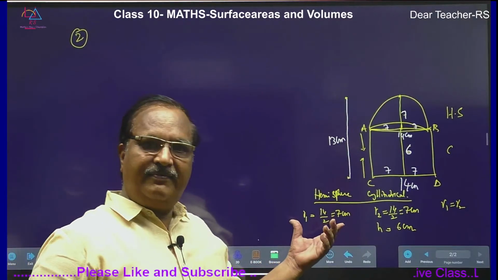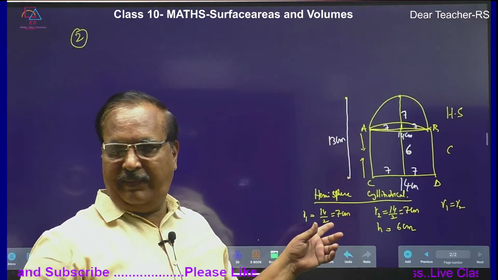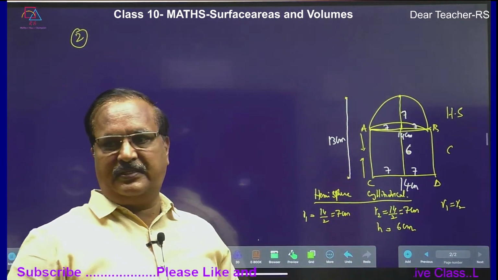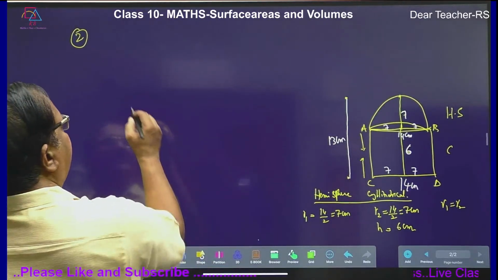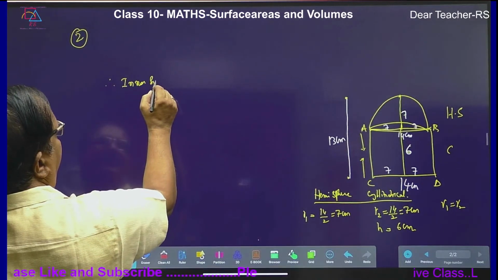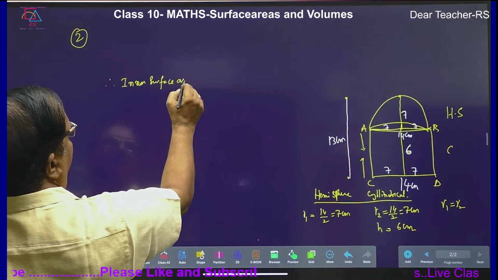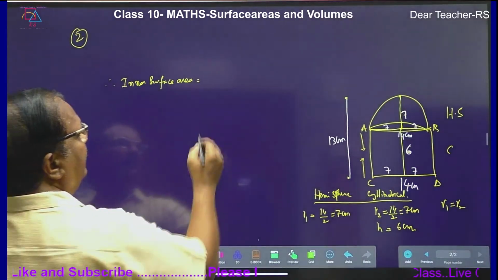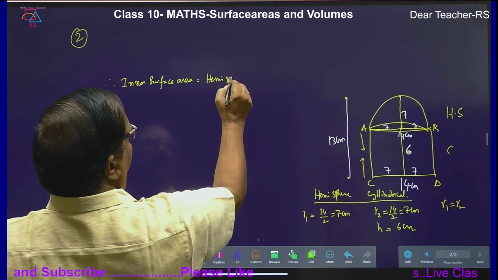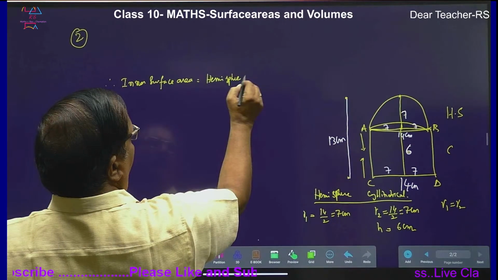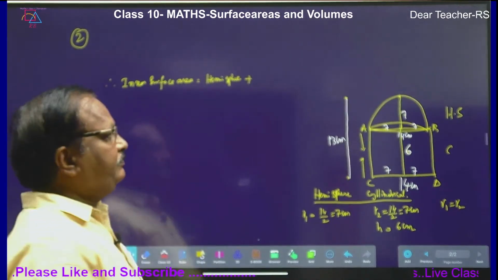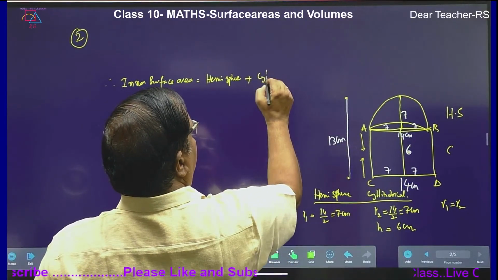So now we have the hemisphere radius and the cylindrical measurements. So now the inner surface area is equal to hemisphere plus cylinder surface area.